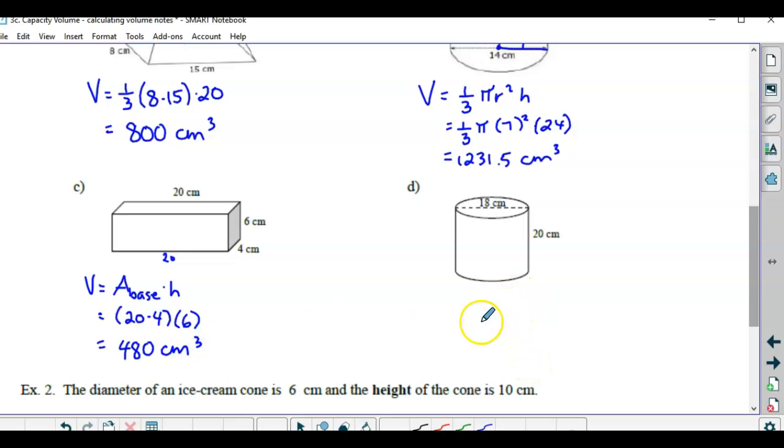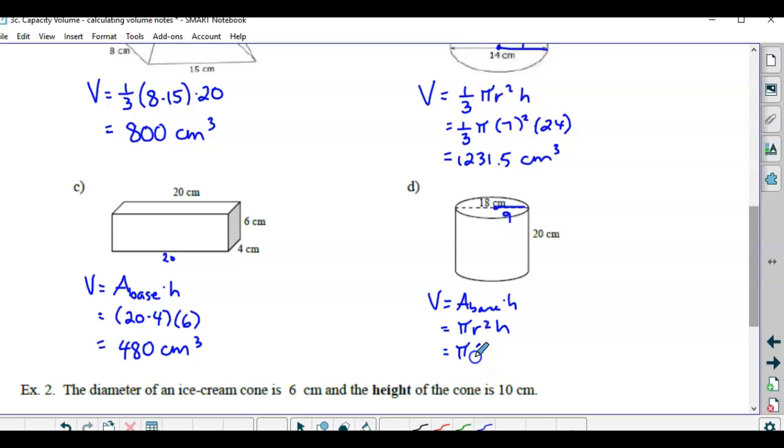And then a cylinder, that is, again, same thing, area of the base times the height. But for the base here, it's pi r squared. So it's always going to be this formula, just like the cone was always this formula. It's actually kind of nice that way. So now the radius is 9.